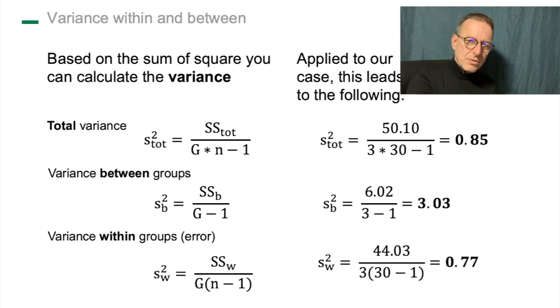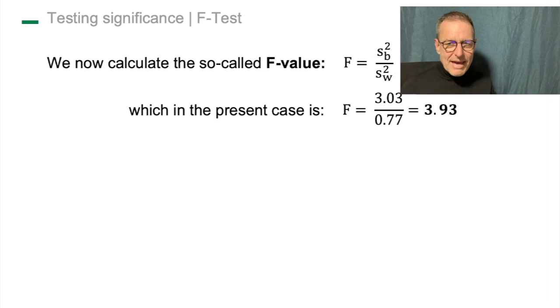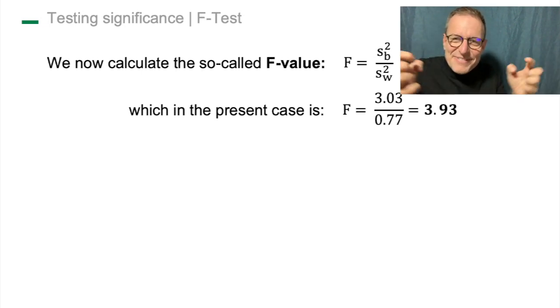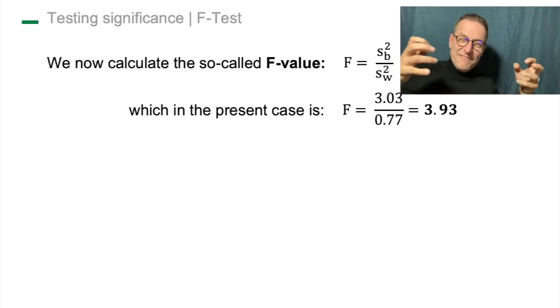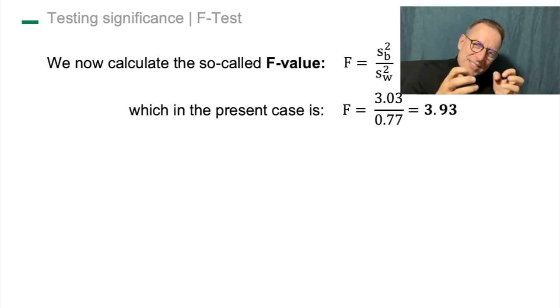So what we now do is, with this in hand, we calculate something that we call the F value. It's a very simple idea: we divide the variance between by the variance within. And if we really believe there is a difference between generations, we want the variance between to be big and the variance within to be small, because the variance within, that's something that we cannot explain without theory.